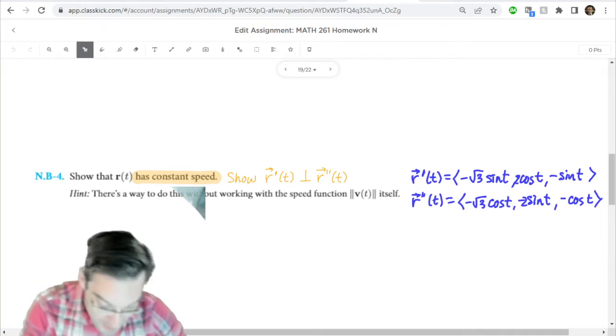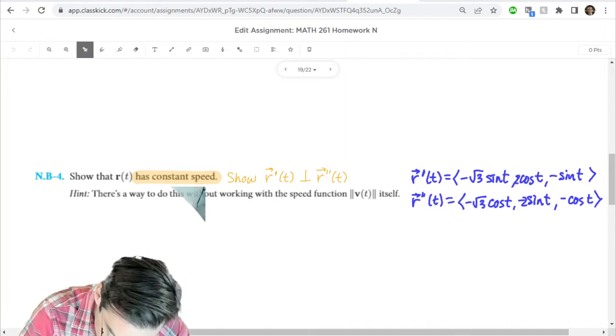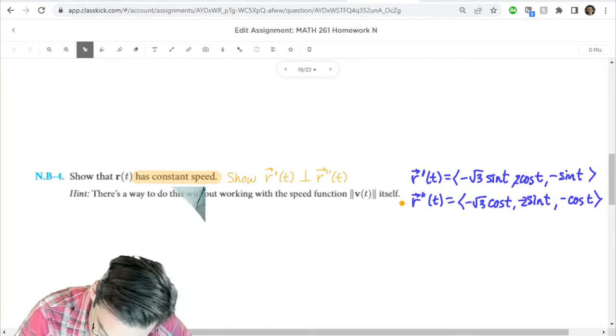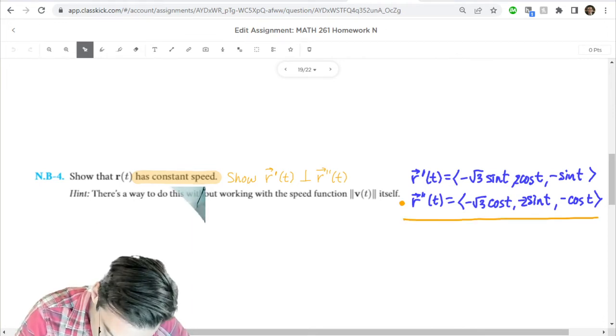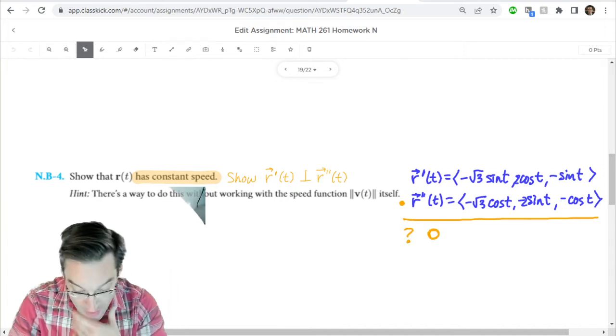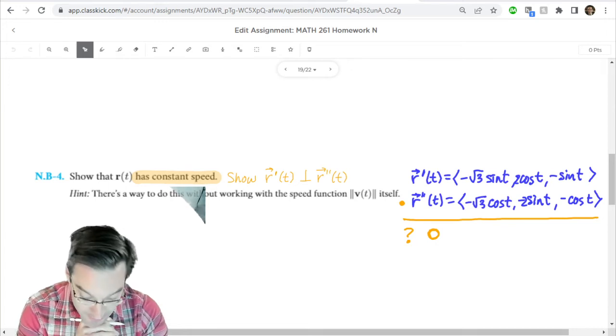So what would we hope would happen when we take this dot product? It should add up to 0. Yeah. So that's the hope here. And so we might have a little bit of trigonometry to do, but actually, maybe we don't have much trigonometry to do.